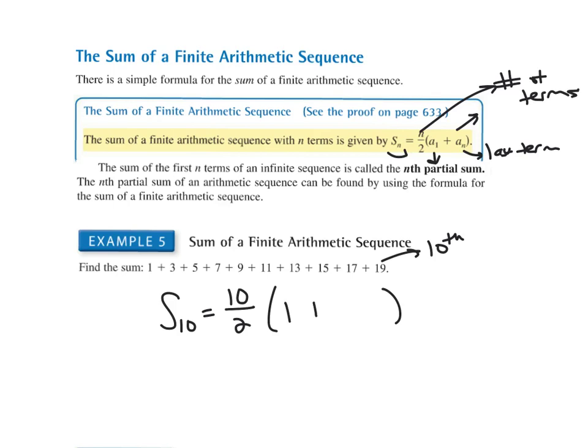A1 is 1, because that's my first term. AN is 19, because that's my last term. And then I just combine like terms. So I get 5 times 20, which is 100. So if you wanted to play with what his teacher told him to do, he noticed that there was a pattern, and it happened to be this formula.